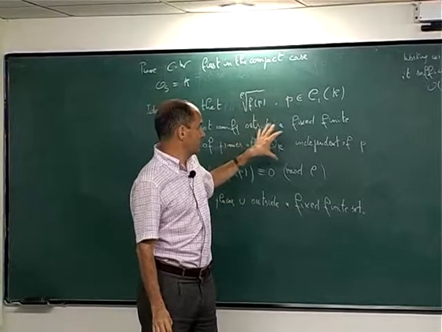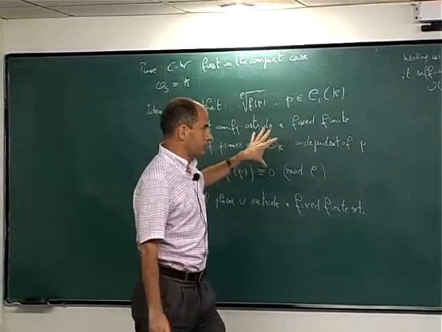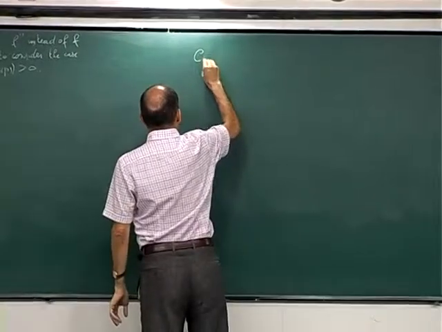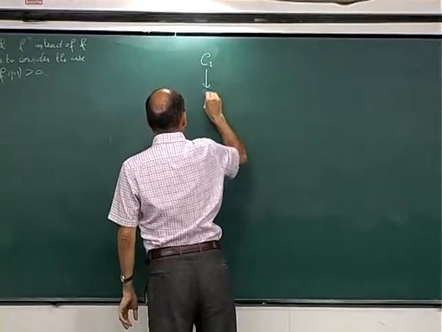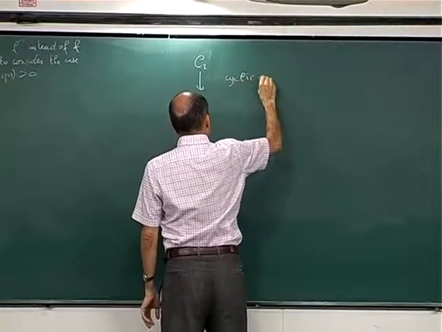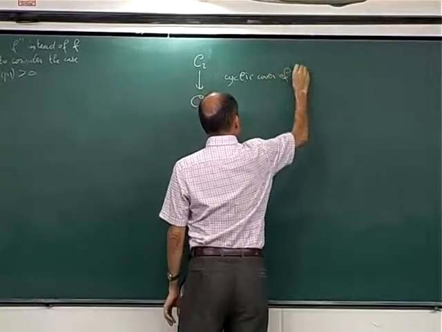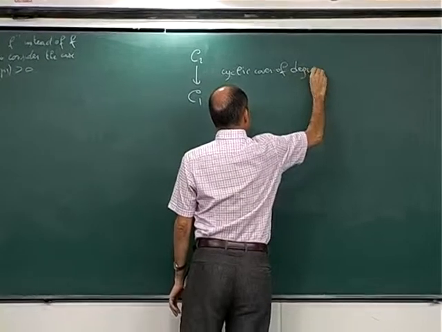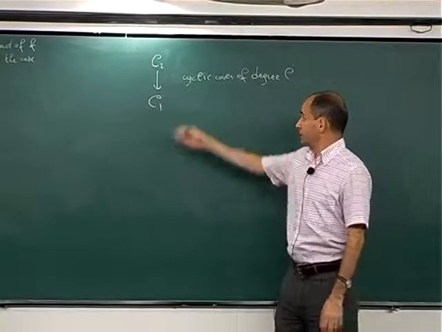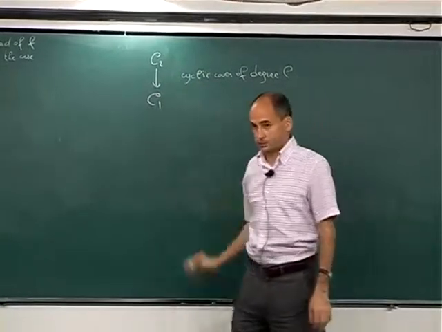L is the L appearing in here. I have a cyclic cover of degree L. So I said that I will prove the Chevalier-Weil theorem only in this case.